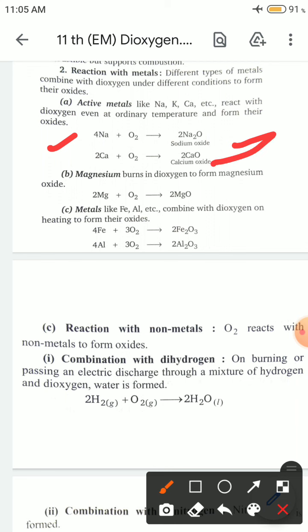Magnesium burns in dioxygen to form magnesium oxide: 2Mg plus O2 gives 2MgO. Metals like iron and aluminium combine with oxygen on heating to form their oxides: 4Fe plus 3O2 gives 2Fe2O3, 4Al plus 3O2 gives 2Al2O3.